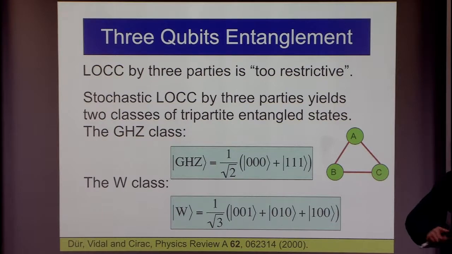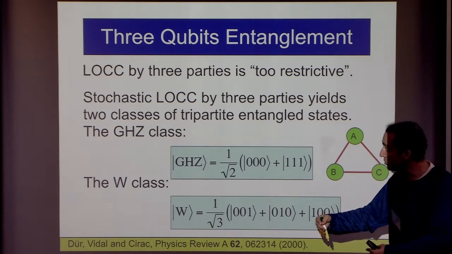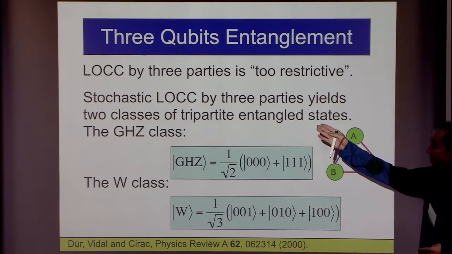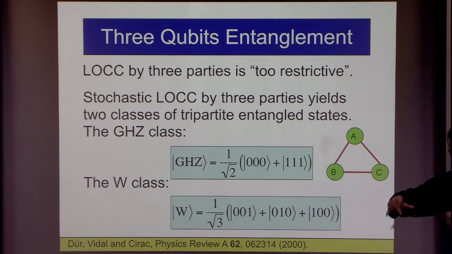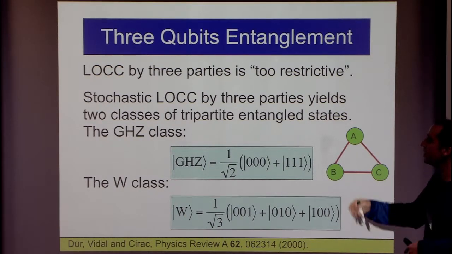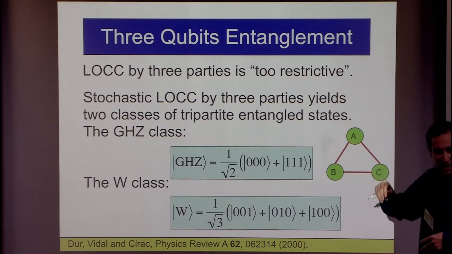Also, classical communication cannot generate entanglement because it's not quantum. So under local operation and classical communication, LOCC, I cannot increase the entanglement. So any measure of entanglement is a monotone under LOCC.